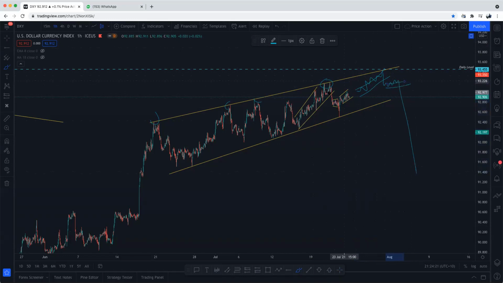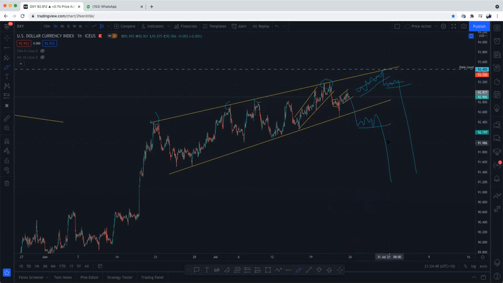This is what I'm looking for. In summary, I'm looking for this pattern to break down, then have a confirmation of price continuing down in a continuation flag, then it goes down. If it doesn't get here, price can simply break at the current point. It can come here, then correct, then go down.